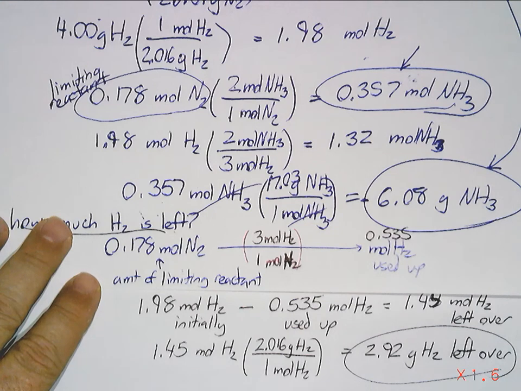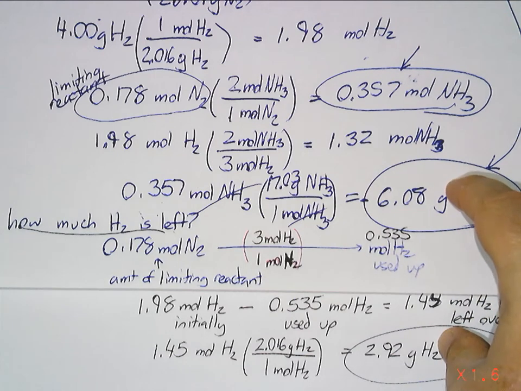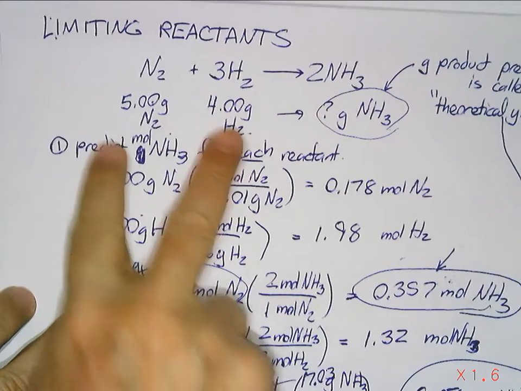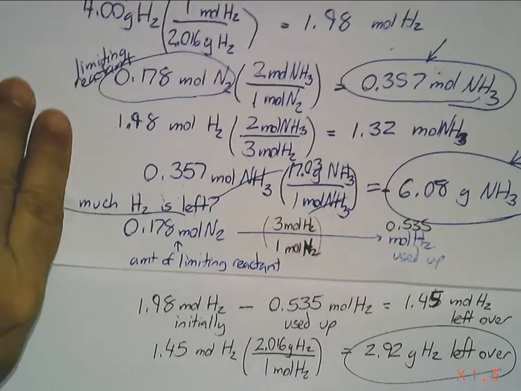The initial mass was 9 grams. So if I got all this right, this plus this ought to add up to 9. So that's a good check on this. The total mass after the reaction, this plus this, has to be equal to the total mass before the reaction. And then you can be sure that you got all this right.